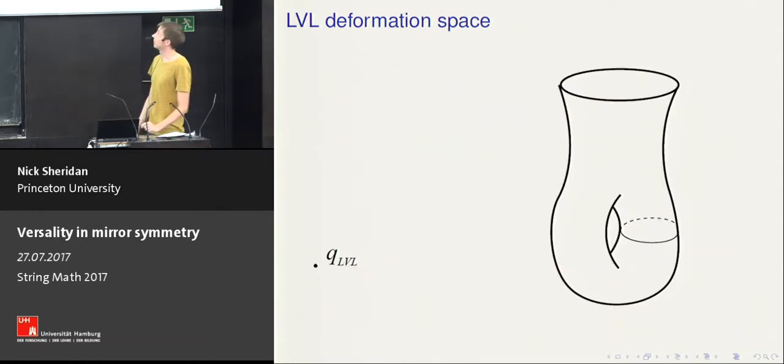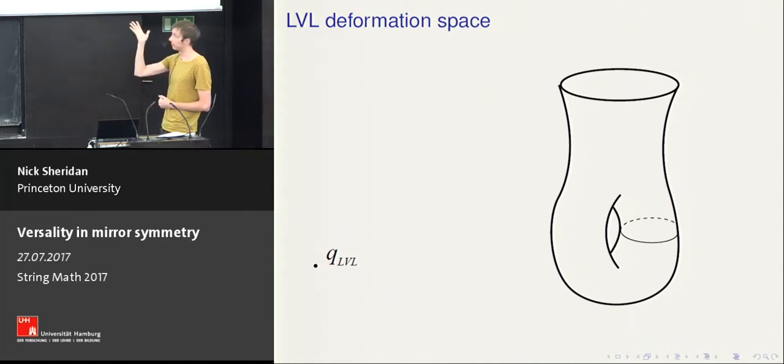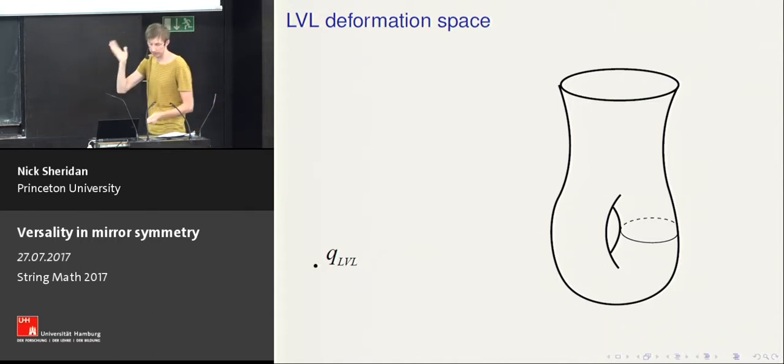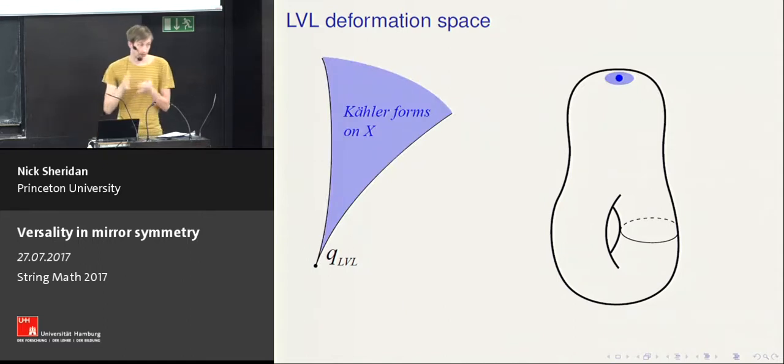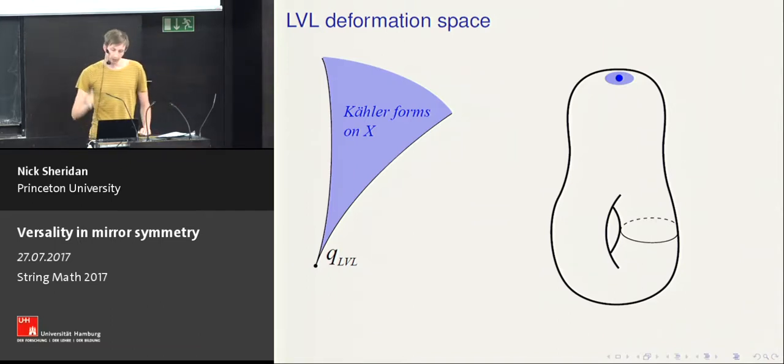On the large volume limit, once again, it corresponds to this punctured guy where we remove the divisor. And there's one way of deforming this, the category we associate at this point, which corresponds to compactifying, putting the divisor back in and turning on a Kähler form.